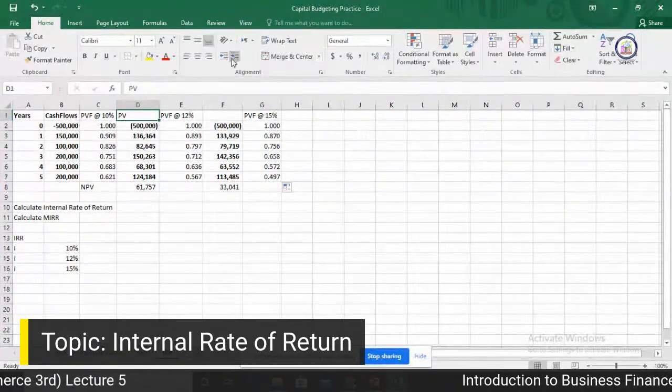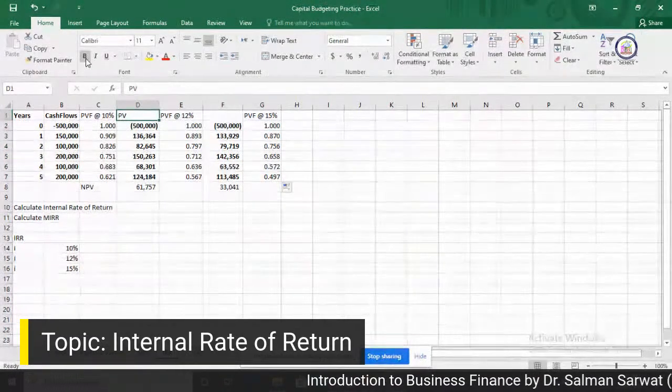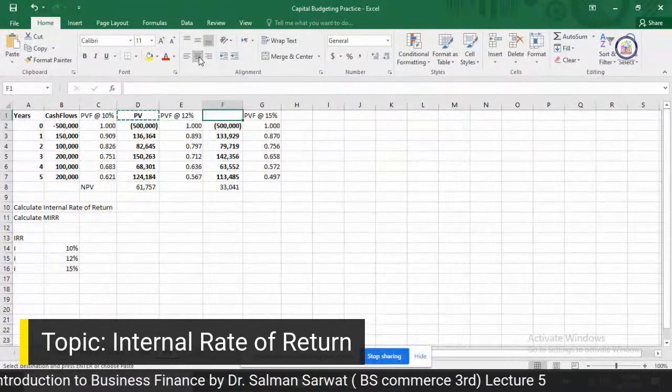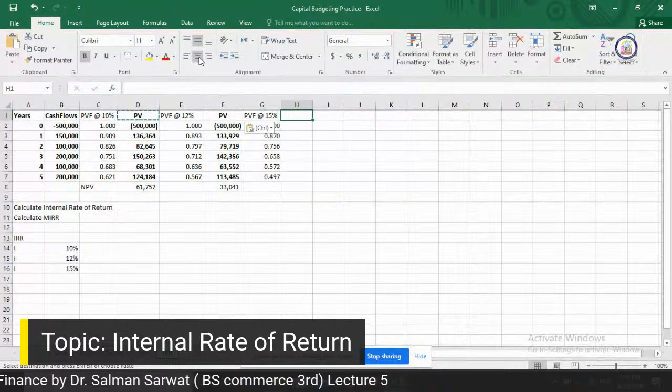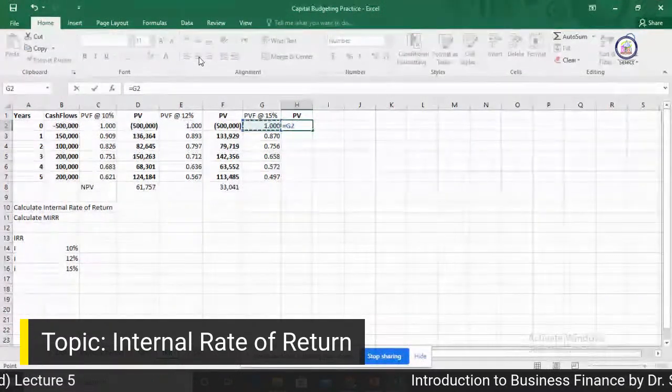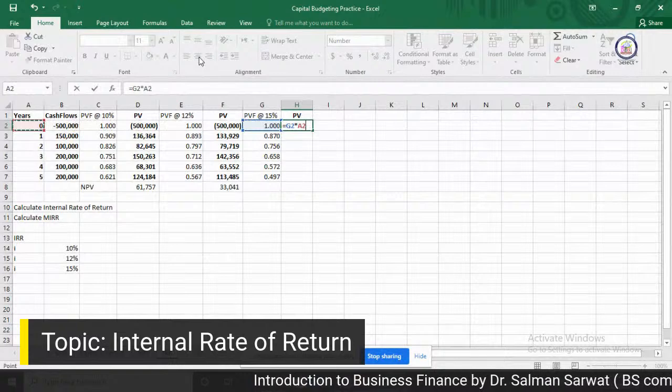And we will get again another present value. We get the third column of present value by multiplying the present value factor with the cash flows.